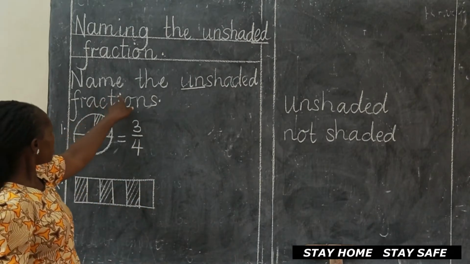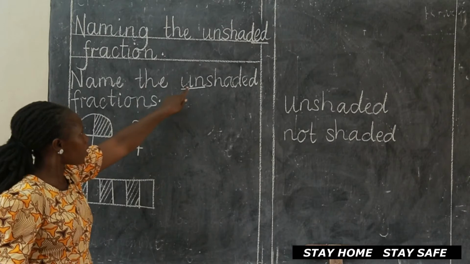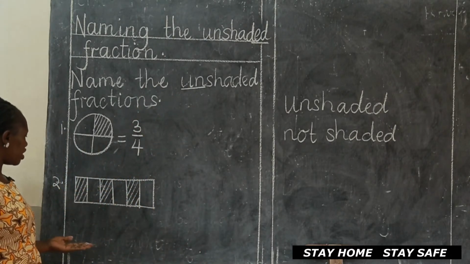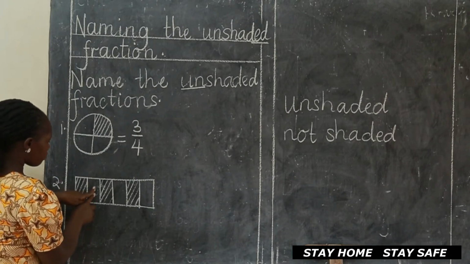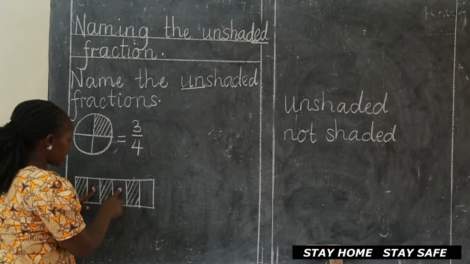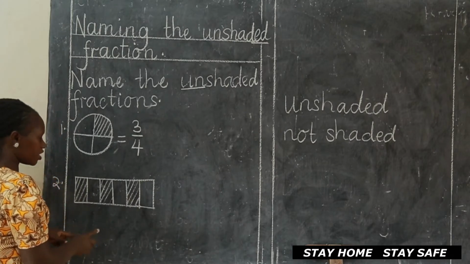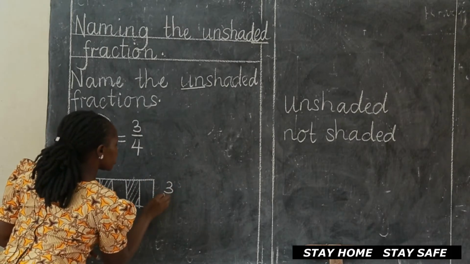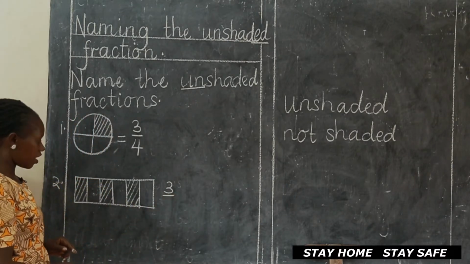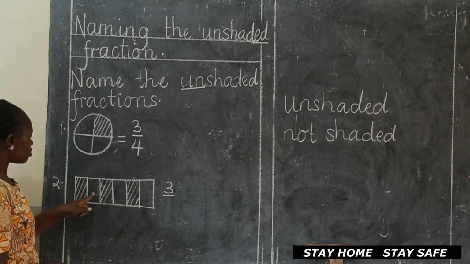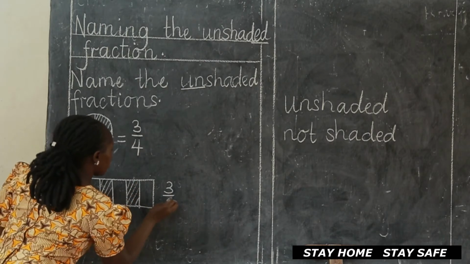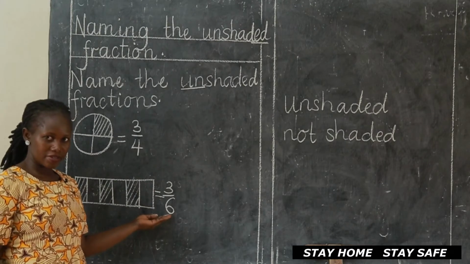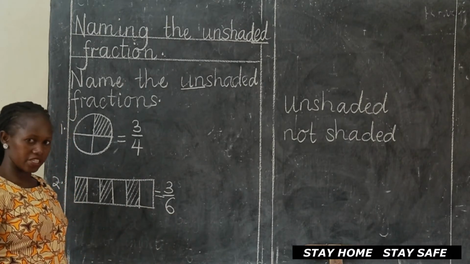Remember, we are naming the unshaded fraction, the one which is not shaded. Which parts are not shaded? I have 1 part not shaded, another one and another one. So when I count them, 1, 2, 3. I have 3 parts which are not shaded, but all of them are how many? They are 1, 2, 3, 4, 5, 6. So I have 3/6 of the parts which are not shaded.